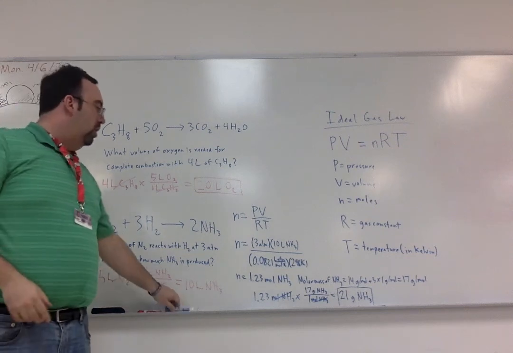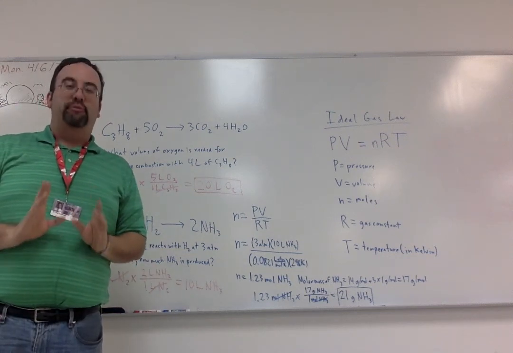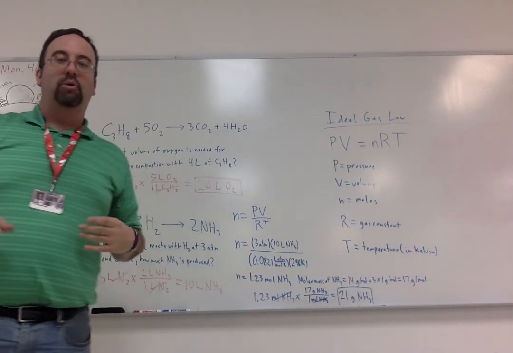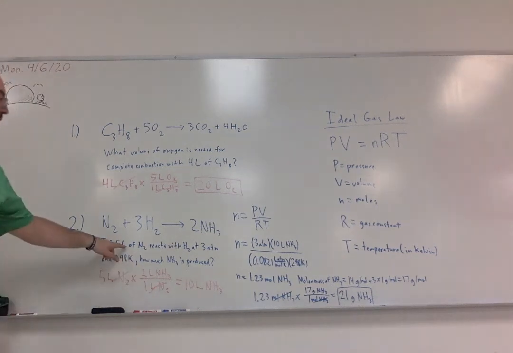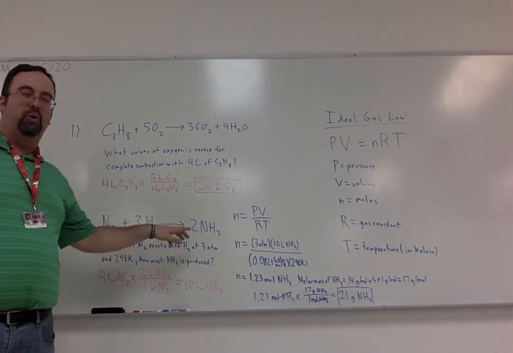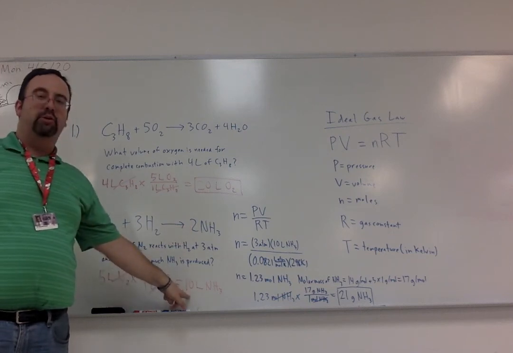And so notice that this problem did involve two parts. The first part was to determine how much ammonia gas was produced, and so based upon our 5 liters of N2, and also based upon our balanced chemical equation, we were able to calculate that there were 10 liters of ammonia that were produced.